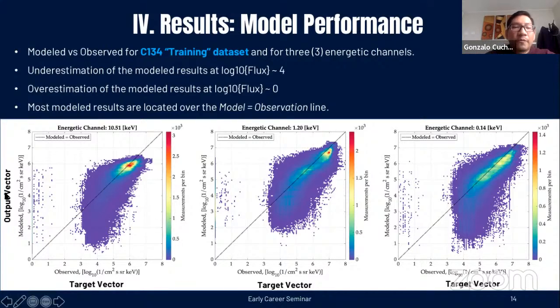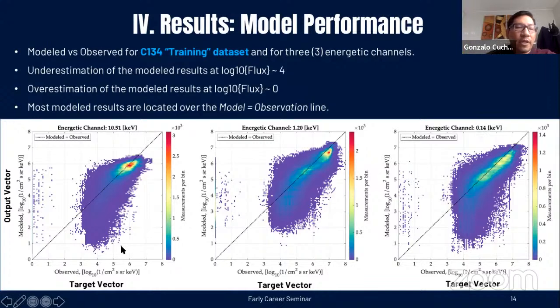The output vector and the target vector, as you probably know, have 31 energy beams. However, I have no space to show you all 31 plots, so here I'm just going to show you 3 of them for 3 different energies, which are 10, 1, and 0.1 keV, the same energies that I've been using in all my presentation.